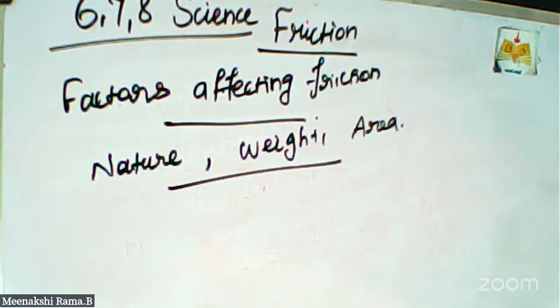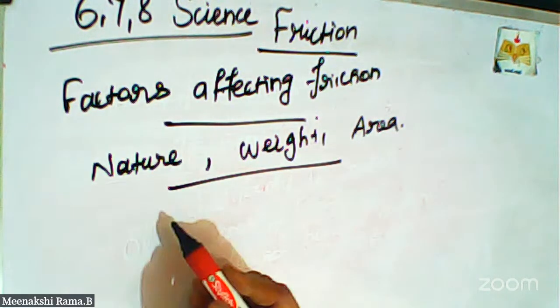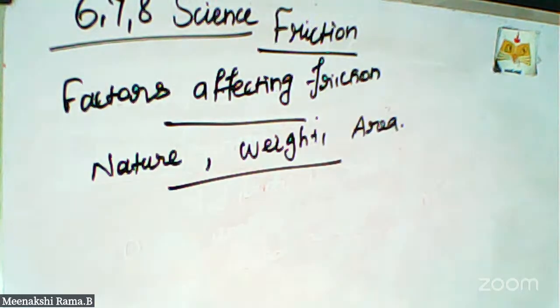How does the nature of the surface affect the friction? Moving an object on a rough surface will be difficult, but we can easily move it on a smooth surface, because the friction varies between the surfaces.